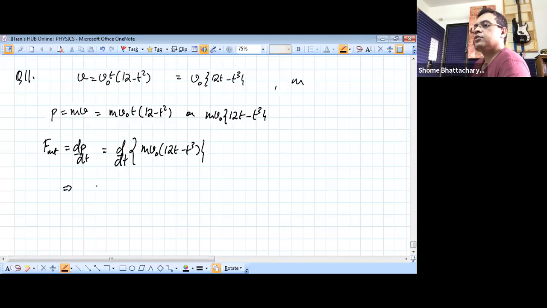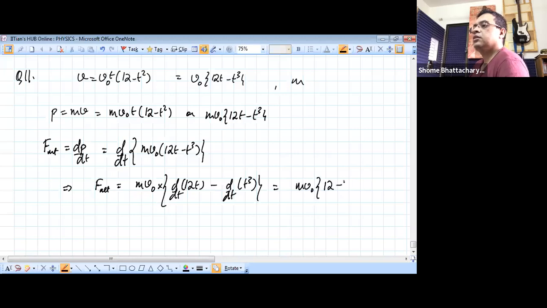So the net force will become mv naught into 12t minus differentiation of t cube. So mv naught into 12 minus 3t square. Okay, so that is your net force.